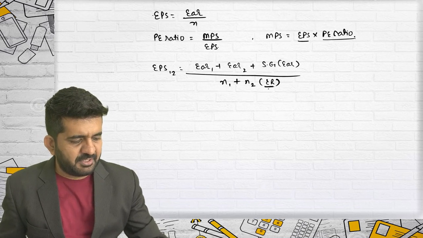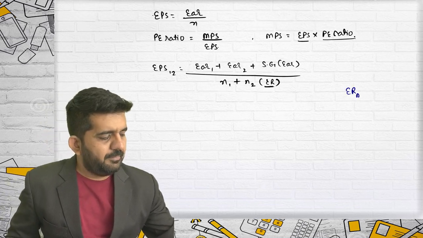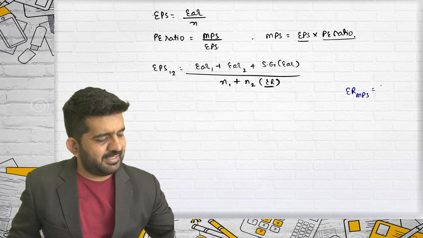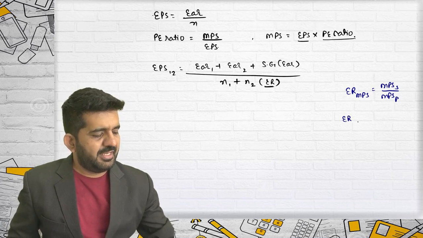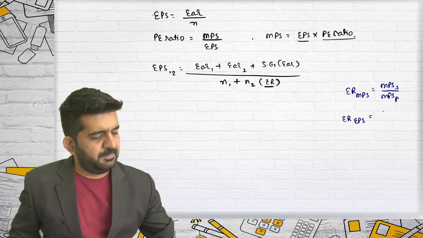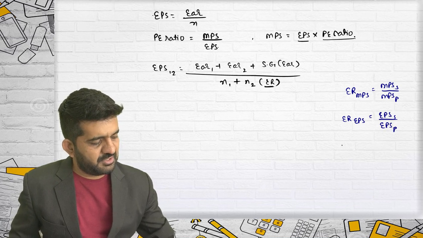So the concept came of exchange ratio, and we have understood exchange ratio based upon MPS, that is MPS of the selling company divided by MPS of the purchasing company. Exchange ratio based upon EPS, that is EPS of the selling company divided by EPS of the purchasing company.